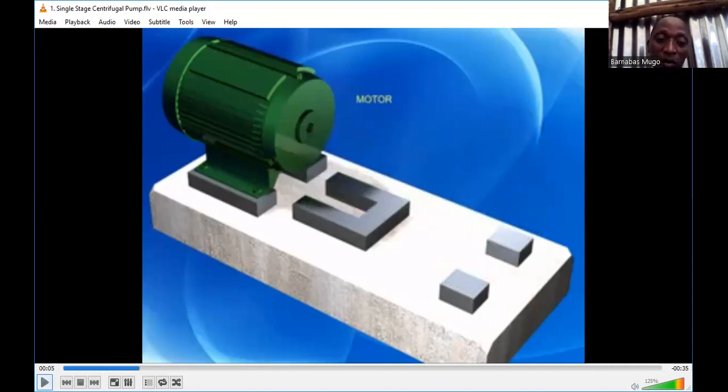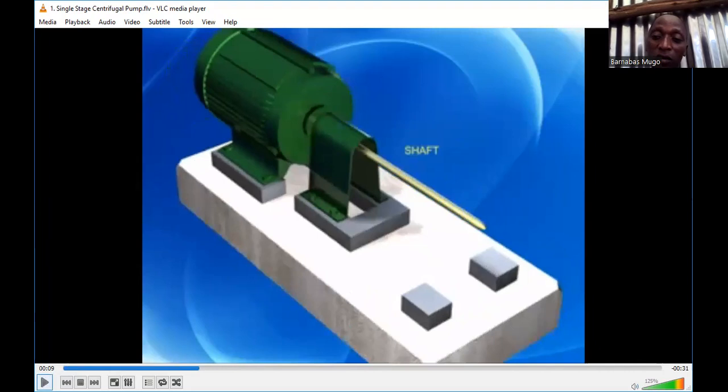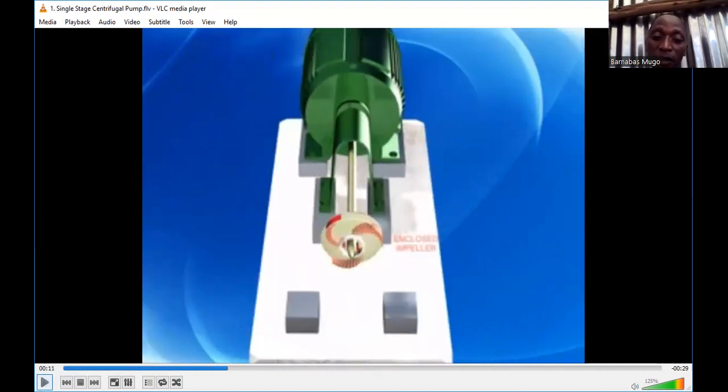That is the motor that we are talking about. It is the one that is going to energize the shaft, and then the shaft is going to rotate the impeller. That is the shaft that is connected to the motor. As you can see, it is also moving. That is the impeller that is enclosed in a volute.